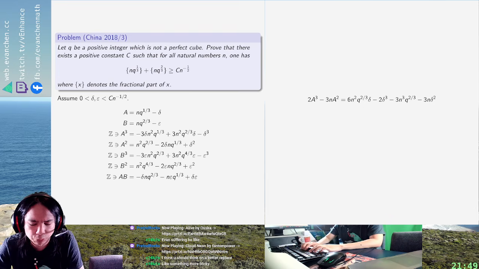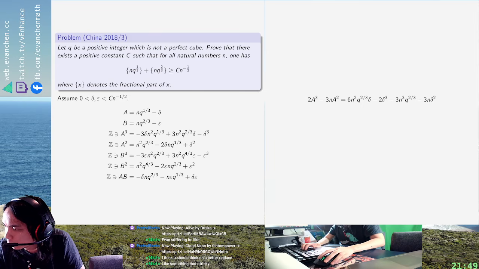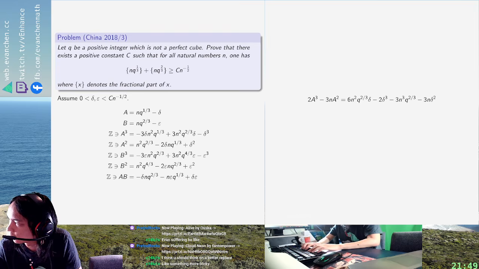Okay, let's keep pushing. Similarly here, the overlapped term is the q to the 2/3. So again, I do twice this. Hang on. Yeah, minus 3 times that. So 2b cubed minus 3nb squared is going to be basically the same thing.